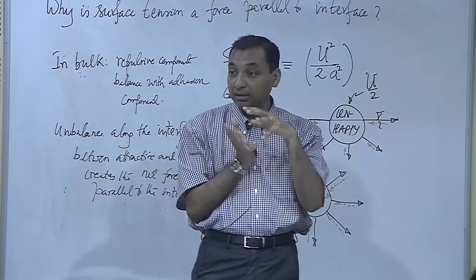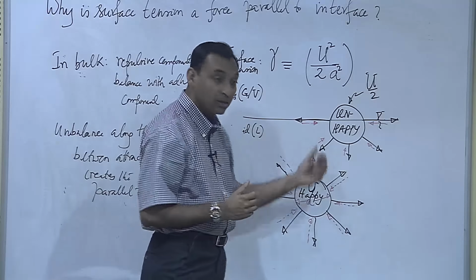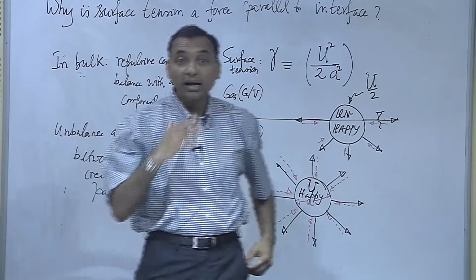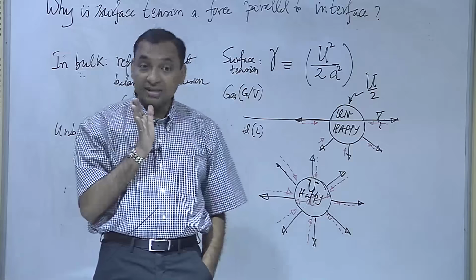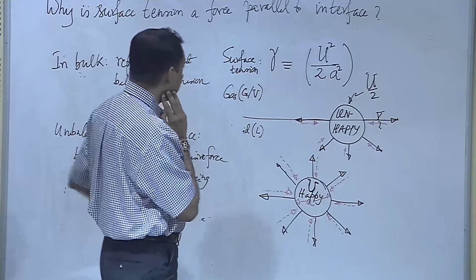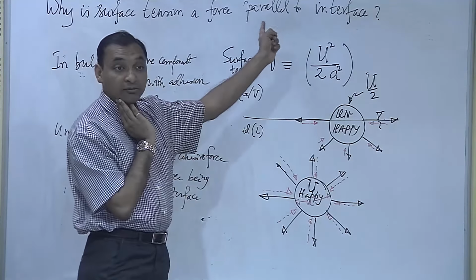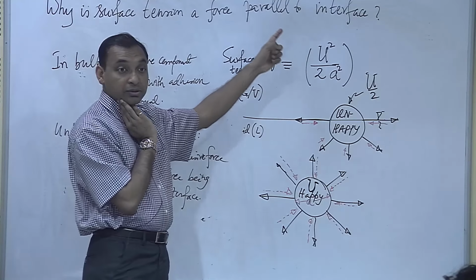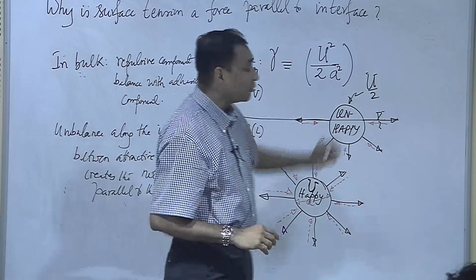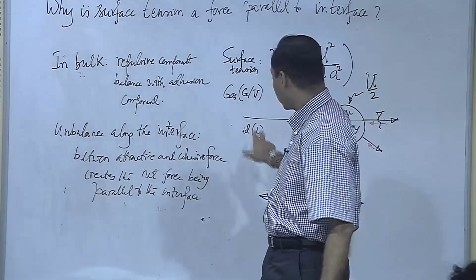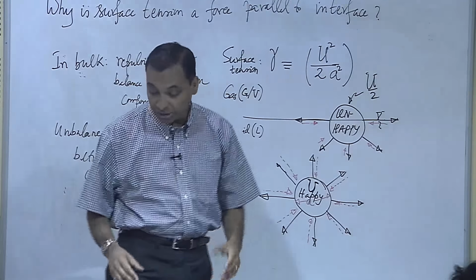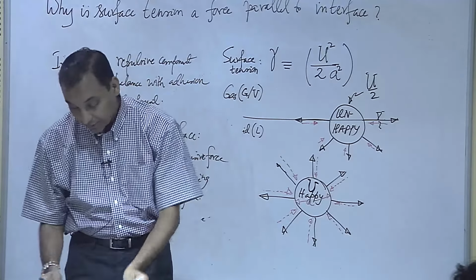So, in the bulk, the repulsive forces balance out with the attractive forces, and that's where we see there is a net force parallel to the interface. Okay. So, just this kind of picture without those red dashed lines doesn't provide the complete story.